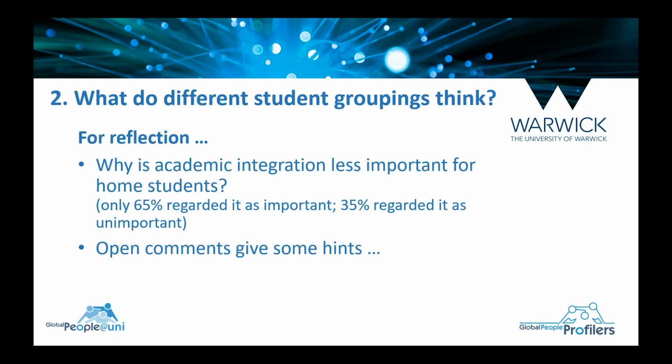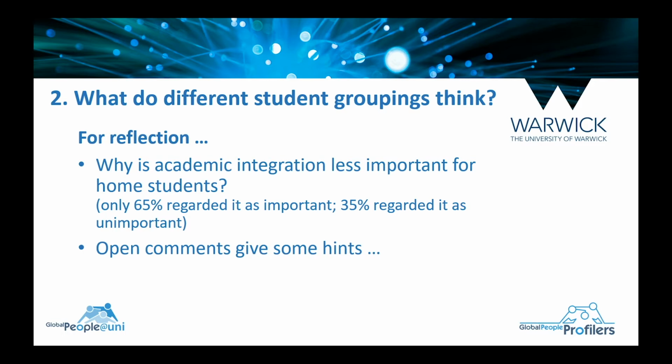So this is something that we need to reflect on. Why is academic integration less important for home students? Just as a reminder, only 65% regarded it as important. 35% regarded it as relatively unimportant.